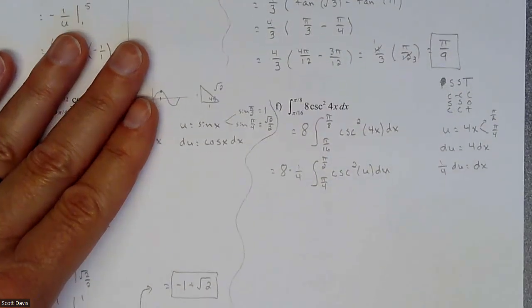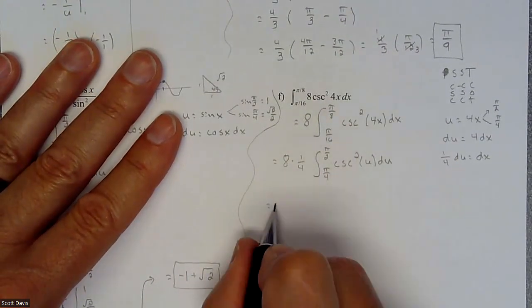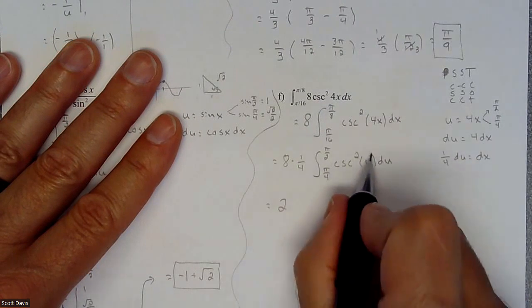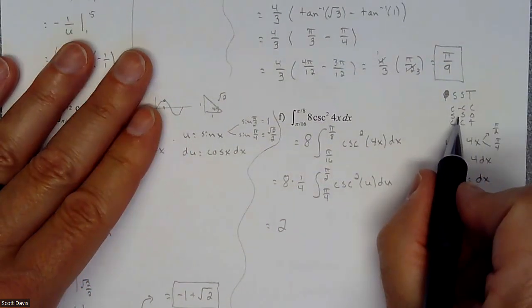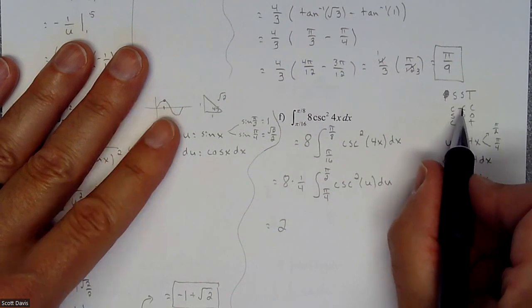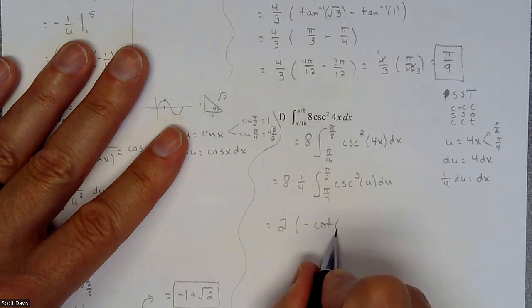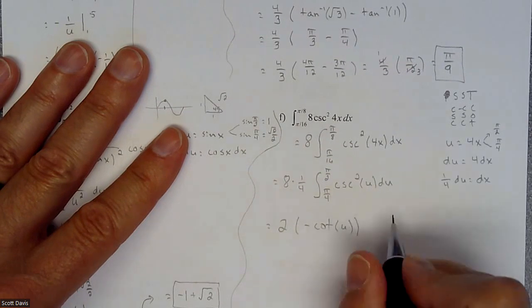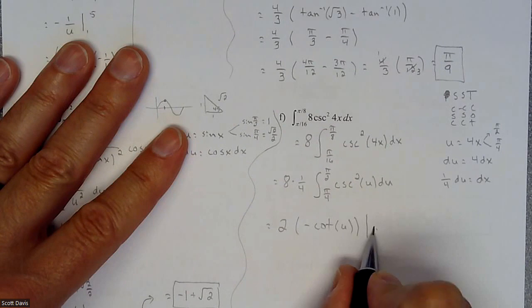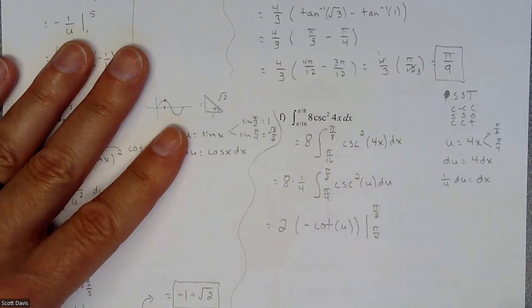I'm leaving everything in terms of u, so I'm going to do the antiderivative now. A 1/4 of 8 is going to be 2. The antiderivative of cosecant squared is cotangent, but I do have to apply a negative onto it. So it's negative cotangent of u from pi over 4 to pi over 2.